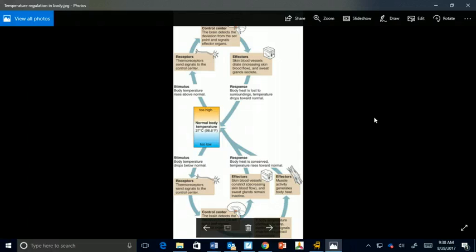Instead of sweating, you would start shivering. Instead of blood vessels dilating, they would constrict to keep the blood closer into your core. Make sense? That's negative feedback loop. Negative meaning you're moved away from set point and the body does stuff to bring you back to set point.